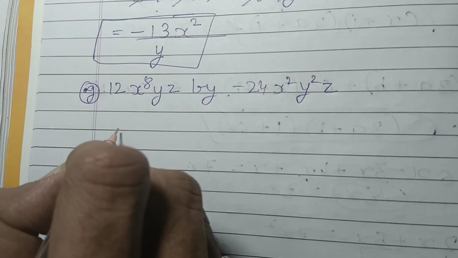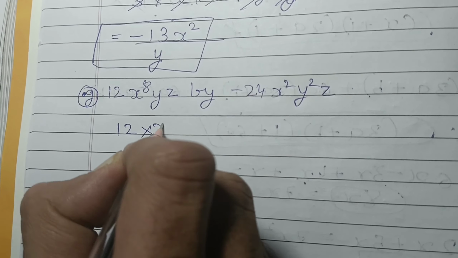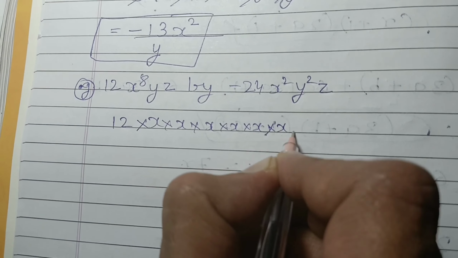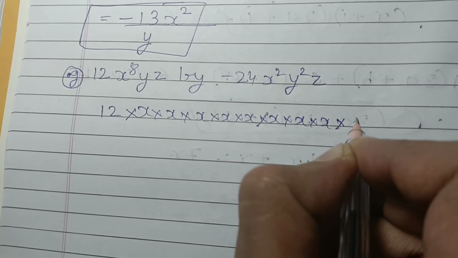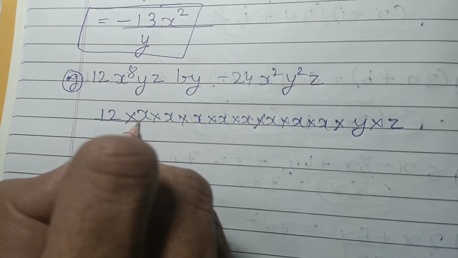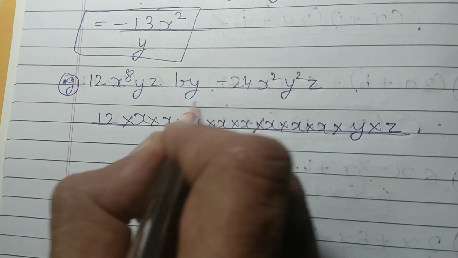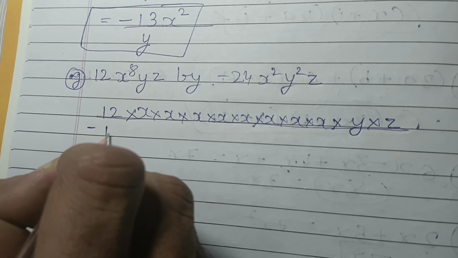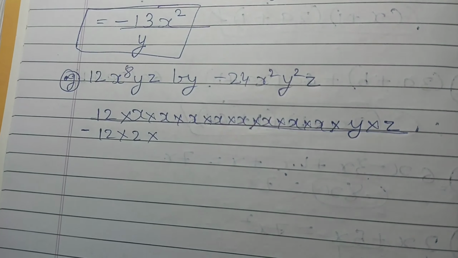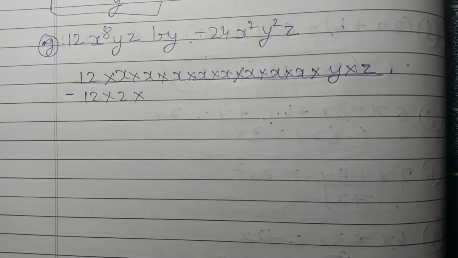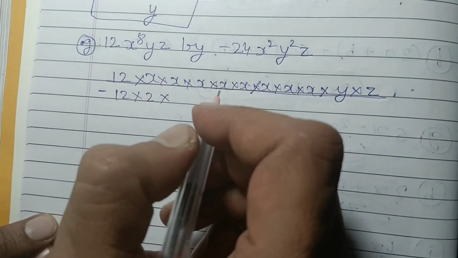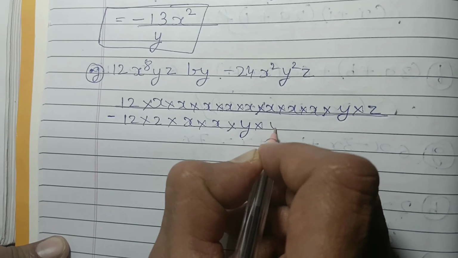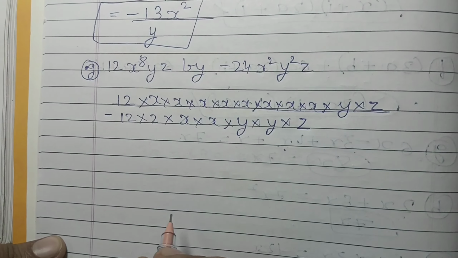Here we'll write 12 only, into x we will write 8 times, and y into z, and this will be divided by minus 24. So we can write 24 in the terms of 12, so it will be 12 2s are 24, into x we will write 2 times, y 2 times and z 1 time.